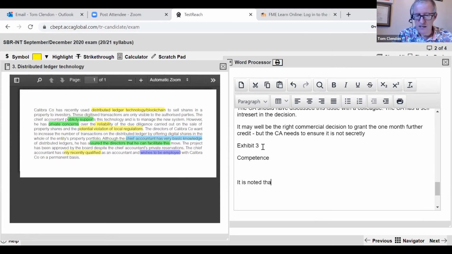It is noted that the chief accountant is recently qualified and only has a basic knowledge of this new technology.